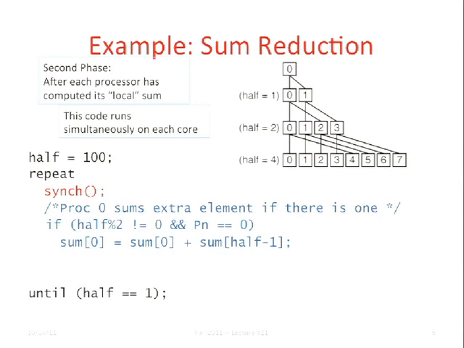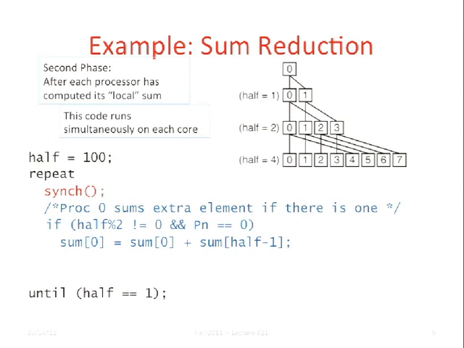The first thing we do is we check for this weird corner case, which says if we've got an odd number of processors, we're going to take the very last one. So we're going to divide by 2. We're going to take the bottom half of the processors, and say you're responsible for adding up your current sum plus the sum of your partner in the top half. So if you're the second processor in the bottom half, you add your sum plus the sum of the second processor in the top half.